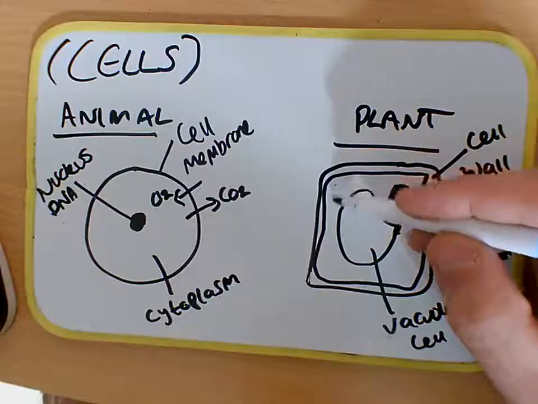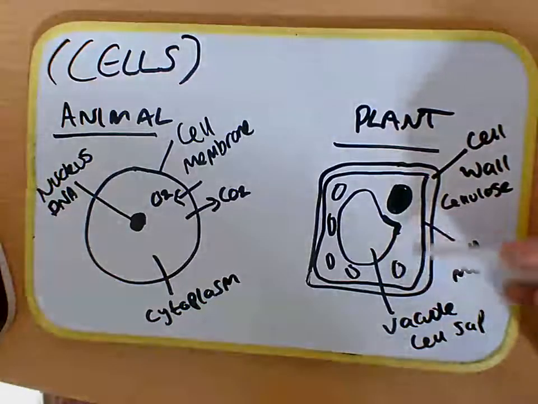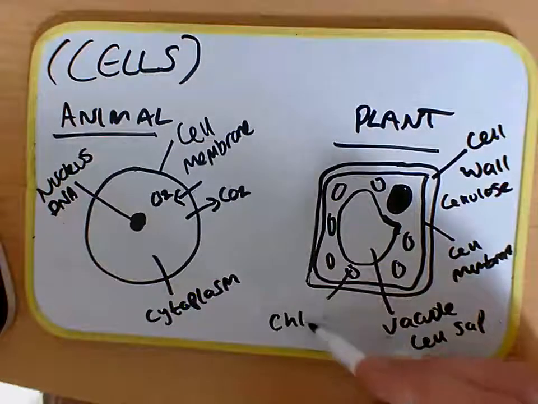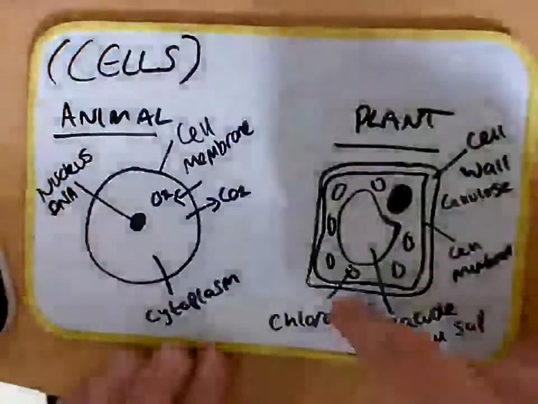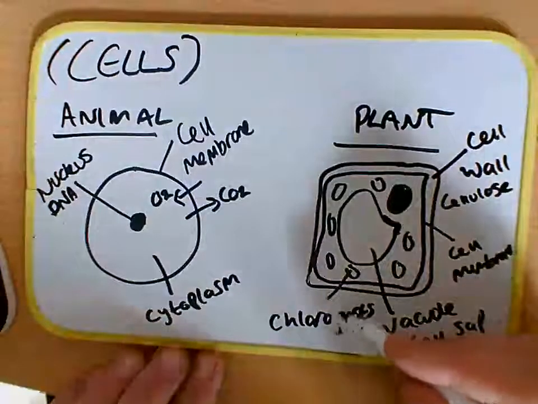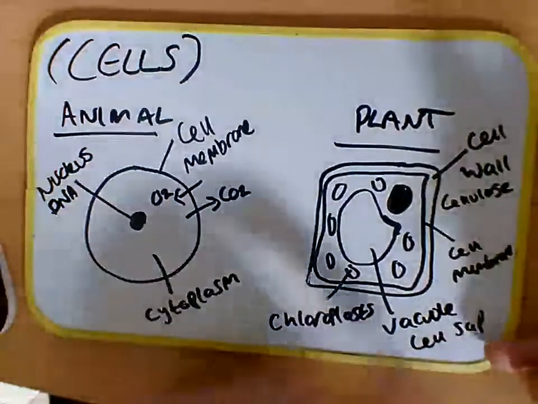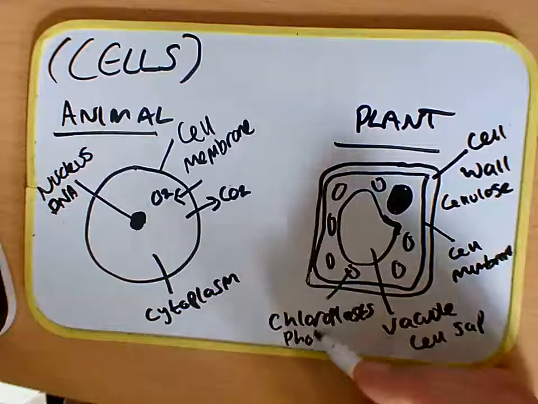You've also got on the outside, you'll normally have these green discs, these green oval shapes, and they're called chloroplasts. And the chloroplasts are responsible for carrying out photosynthesis.